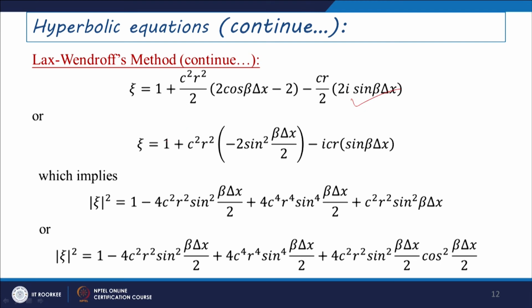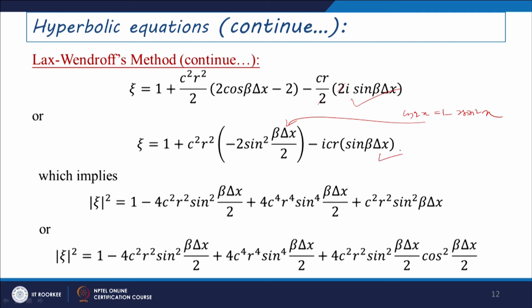If you take this, since we have already known that cos 2x can be written as 1 minus 2 sin square x, if you put this formulation here, then we can obtain this one as 2 cos beta delta x minus 2, as minus 2 sin square beta delta x by 2, minus i c r, since 2 is cancelled out, sin beta delta x here.